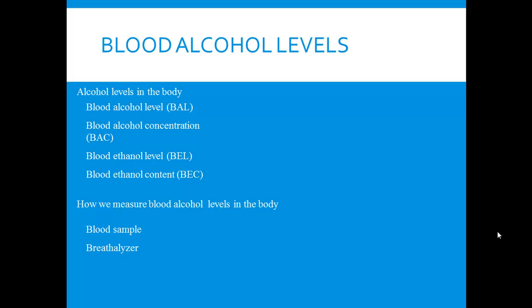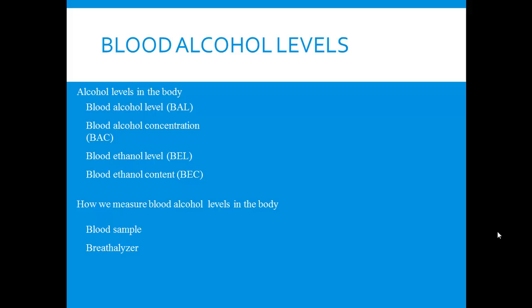And so typically when we're talking about blood alcohol levels, blood alcohol content, blood ethanol level, blood ethanol content, we're talking about how many milligrams per 100 milliliters of blood are in the body. How many milligrams of alcohol per 100 milliliters of blood? Okay, and that 100 milliliters of blood is also the equivalent of a deciliter.